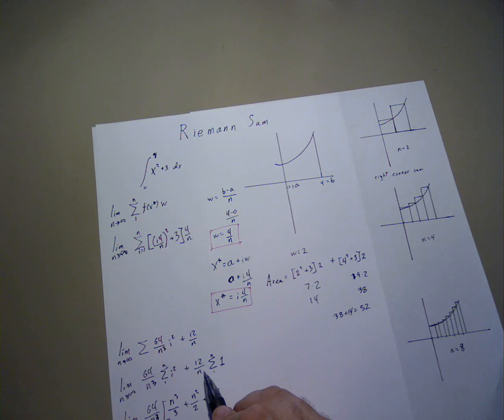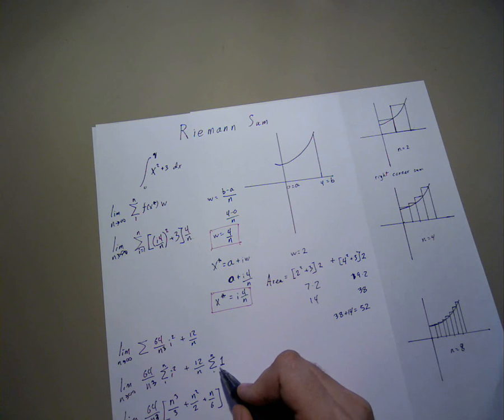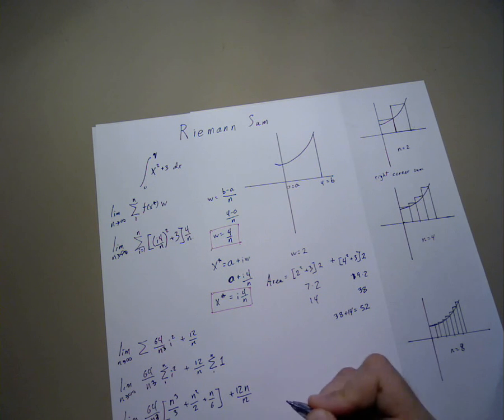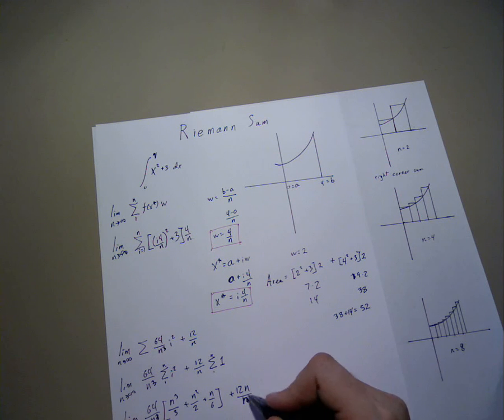And our second term here, 12 over n, summation from 1 to n of 1, well, we're summing 1 n number of times, so this right here really is just n. So we get 12n over n. n over n is 1, so this really just becomes 12.